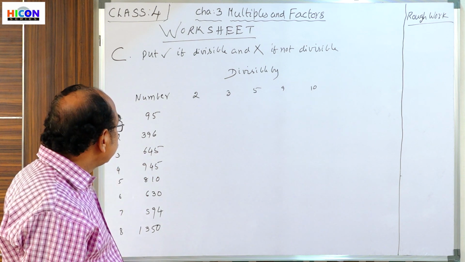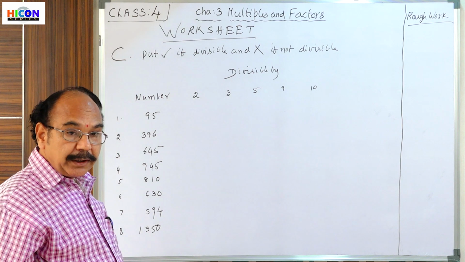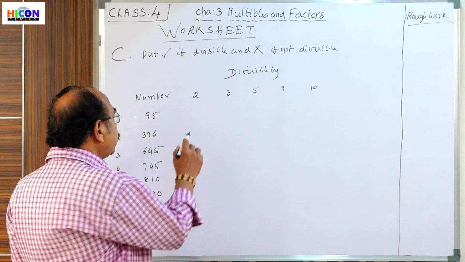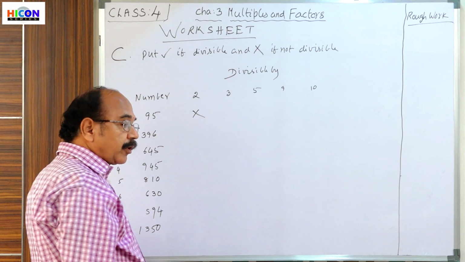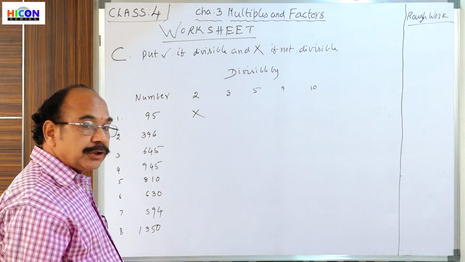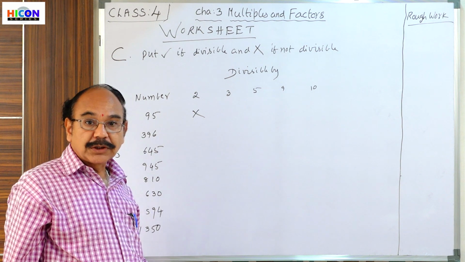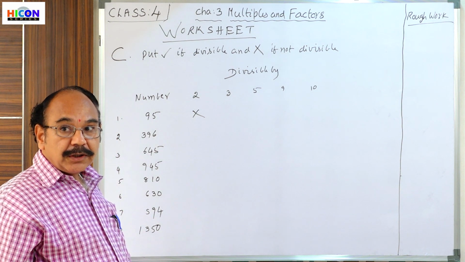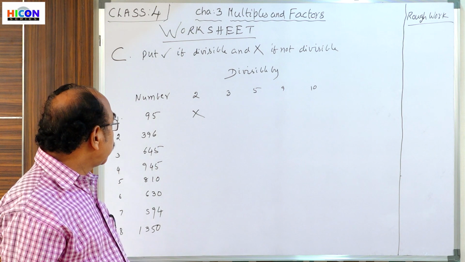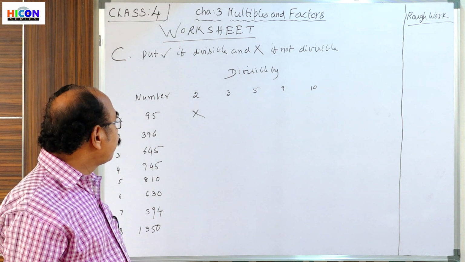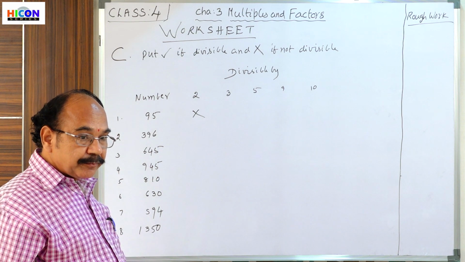Here 95 is not divisible by 2. So you write here a cross mark. Why? Because your units digit is not 0, 2, 4, 6 or 8. That's why here we keep a cross mark. Next, is the number 95 divisible by 3?